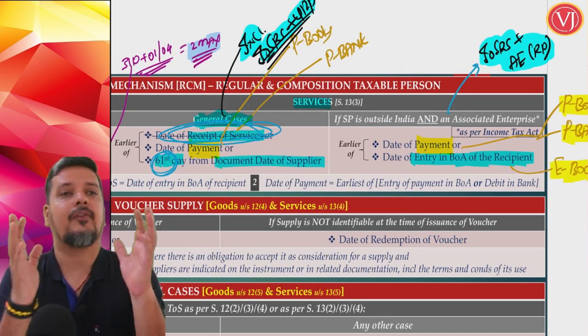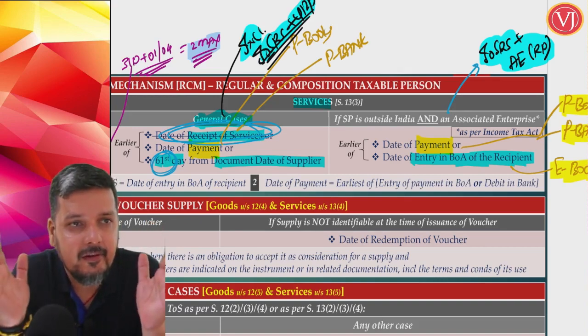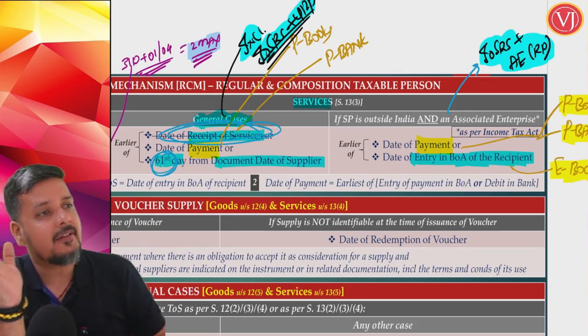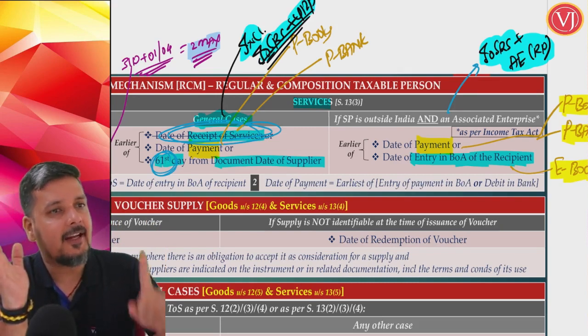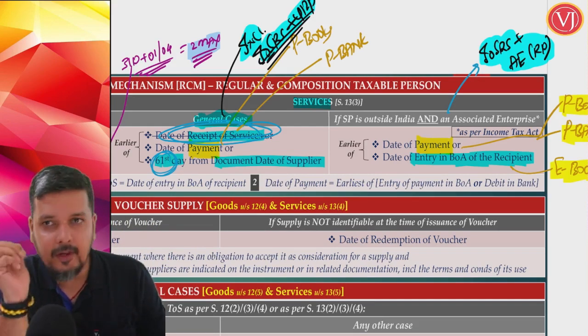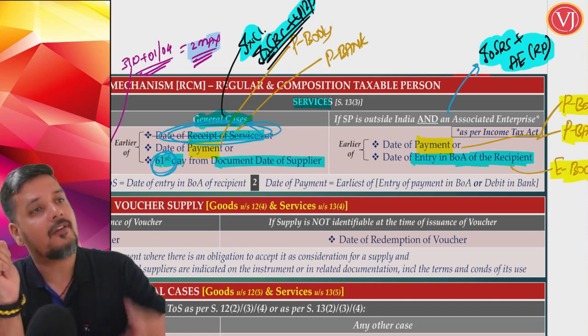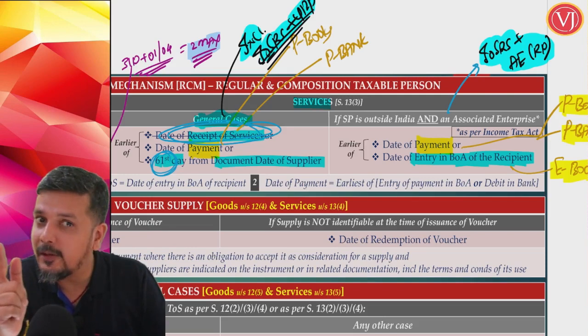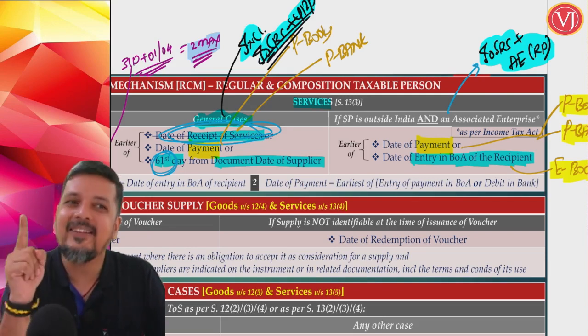So out of 20 cases for service sector, approximately 19 will always come in general category. That 20th is importation of service, and only importation from associated enterprises will come in special category.